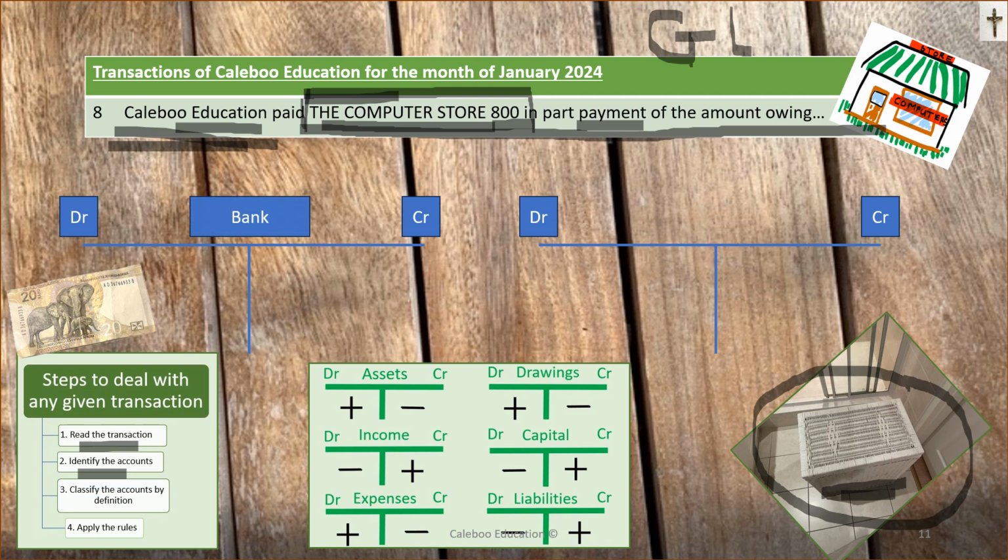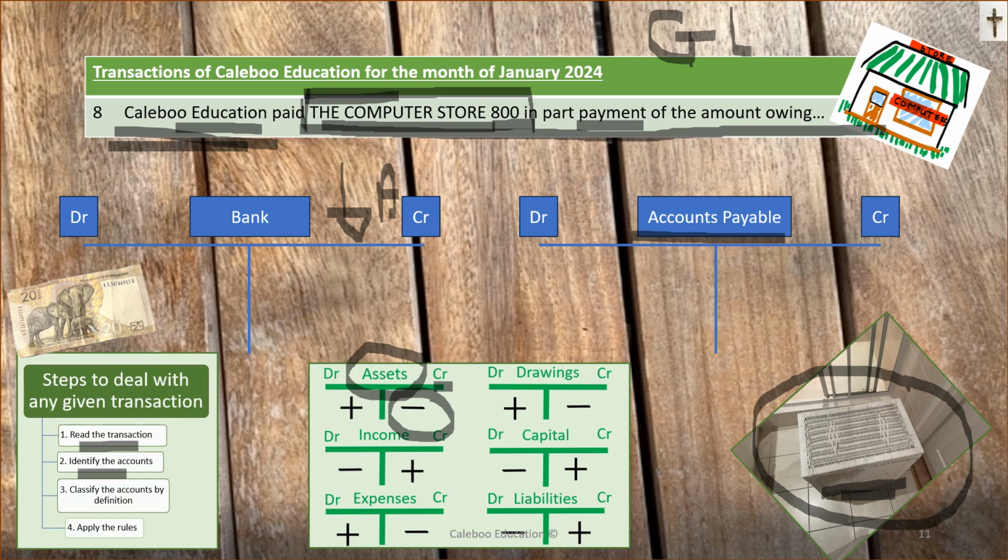When a payment is made, the business bank account will decrease. The bank account of the business is an asset. A decrease in assets, the account gets credited. Who are we paying? A creditor.